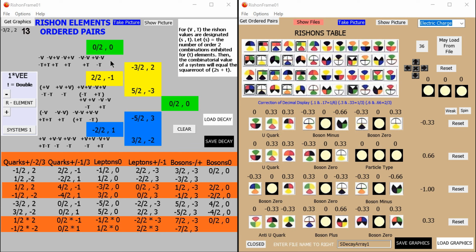The U quark is designated -3/2 for the S component, 2 for the T component.